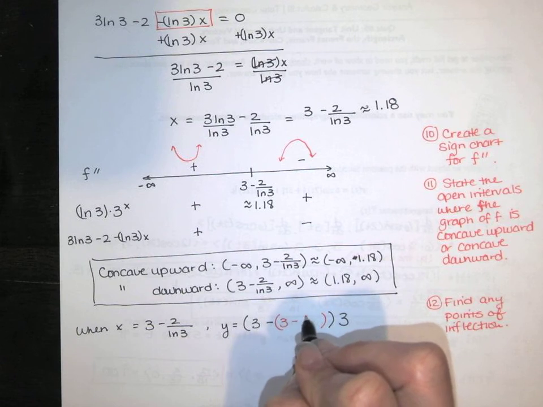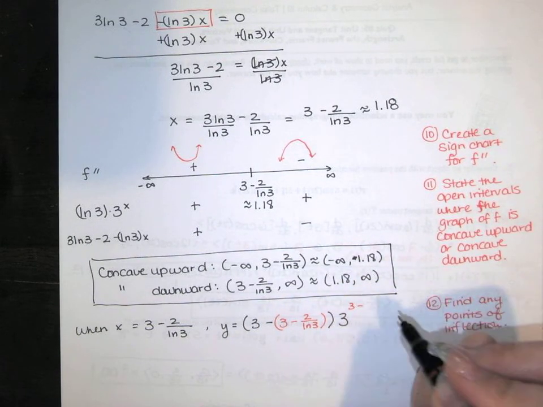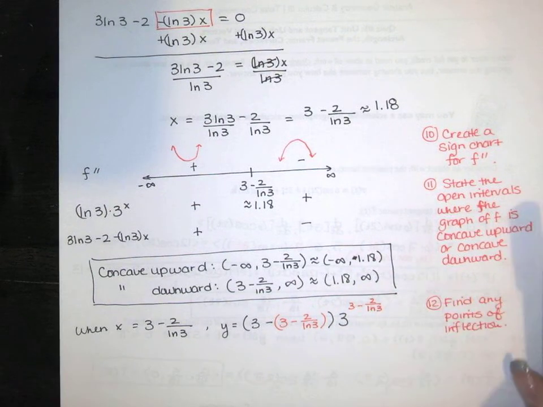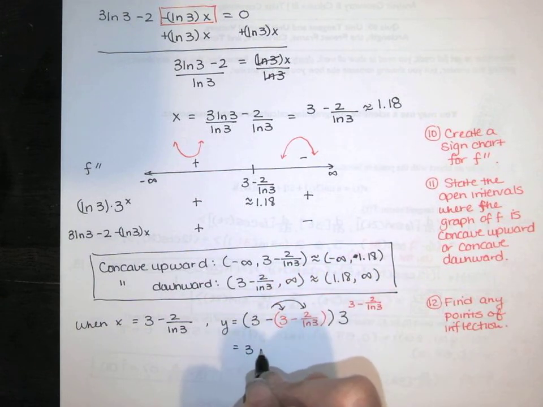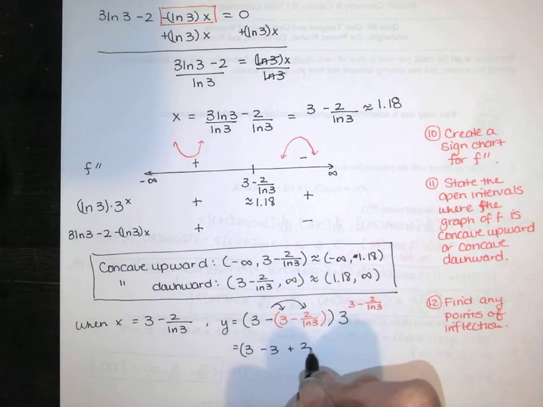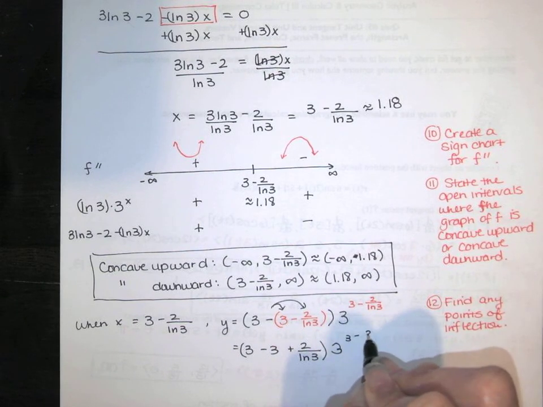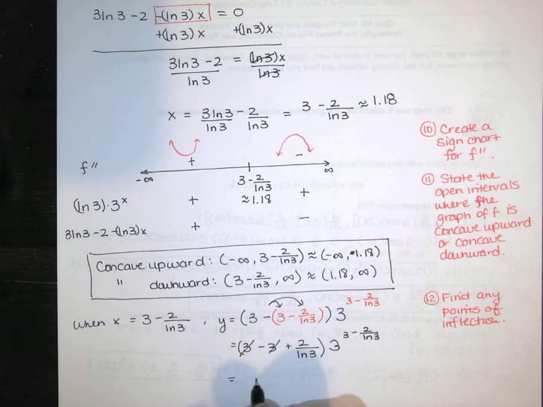So this is 3 minus 2 over natural log of 3, and in our exponent we have 3 minus 2 over natural log of 3. And if you distribute this negative and simplify, the 3's reduce, and you end up with 2 times 3 raised to the 3 minus 2 over natural log of 3, all divided by natural log of 3.